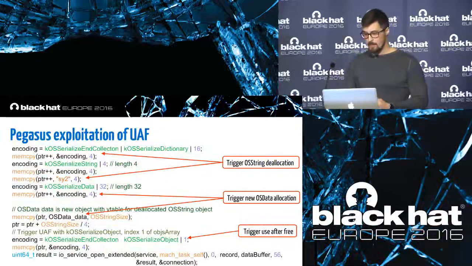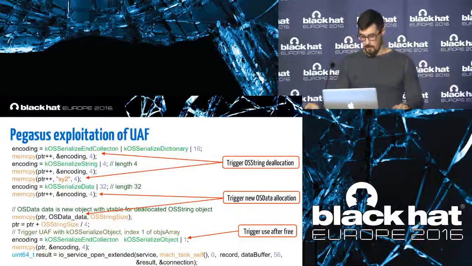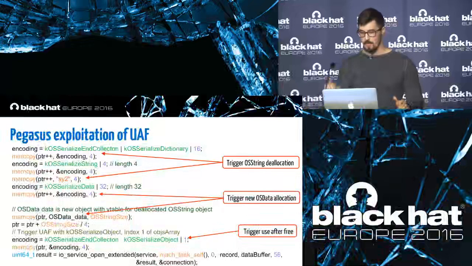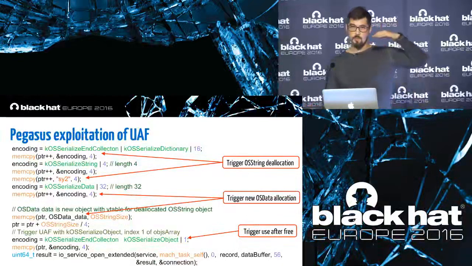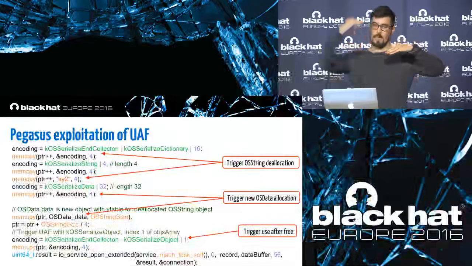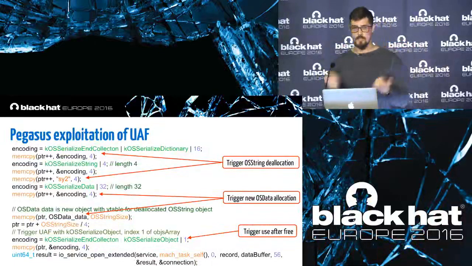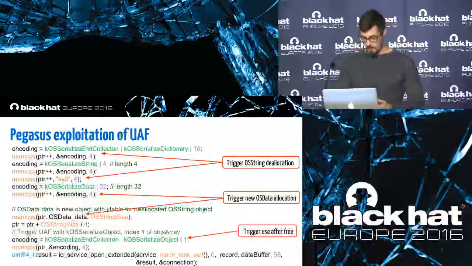So what we're doing is creating a buffer with the same size as the OSString object. And this buffer will contain a fake OSString object with a fake vtable. The very last thing is to trigger the use-after-free by adding kOSSerializeObject to the encoding. So once again, OSString will trigger object deallocation. OSData will reallocate the same memory with our attacker-controlled object, with our fake vtable, and we will just call retain on this fake vtable and gain kernel-level code execution.